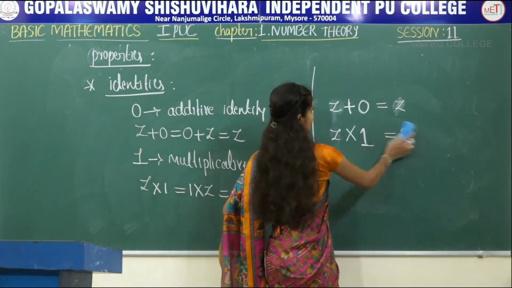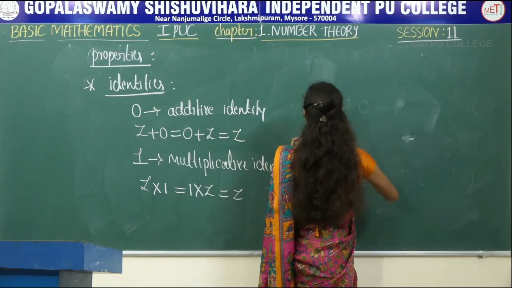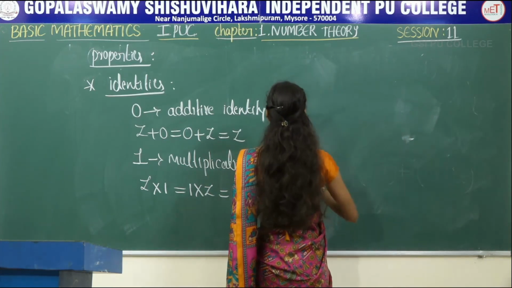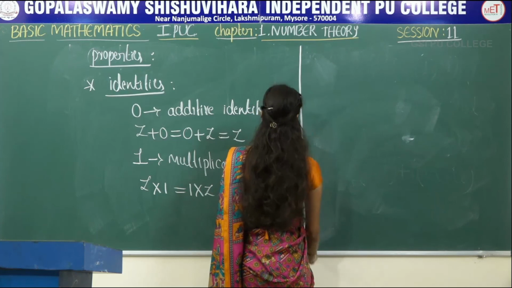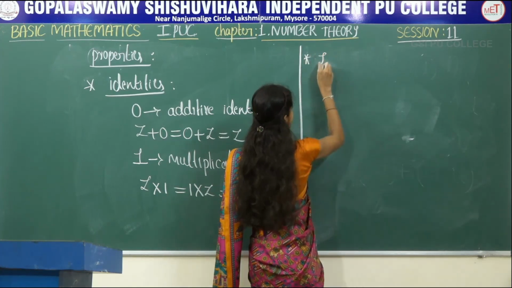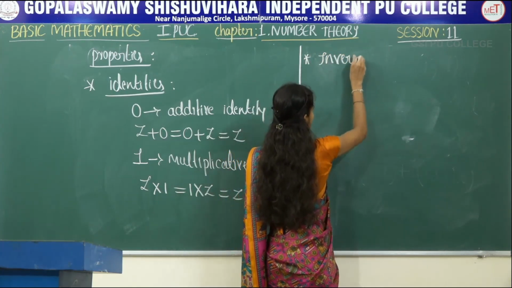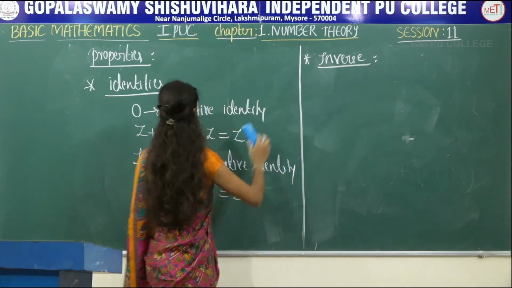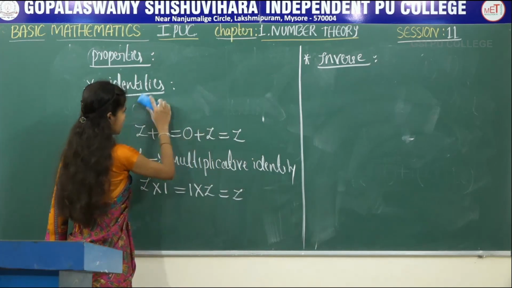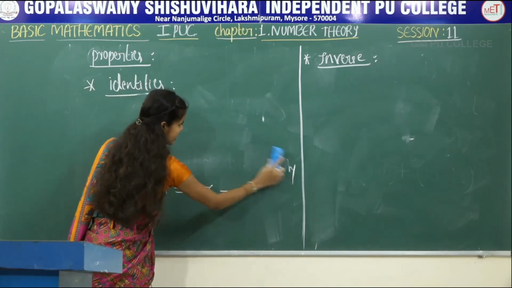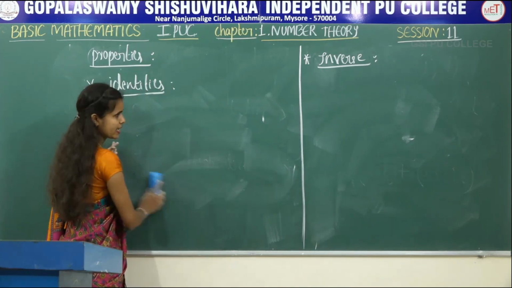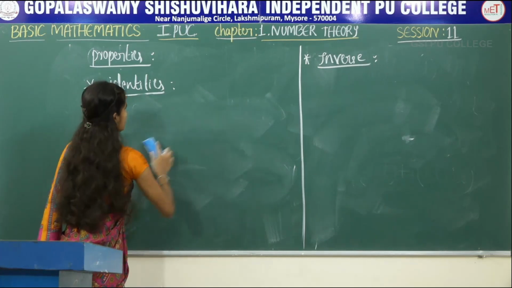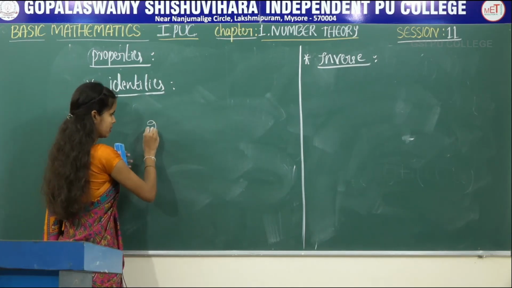The last property is inverse. We know that the additive identity is 0 and the multiplicative identity is 1. Consider the number 2.